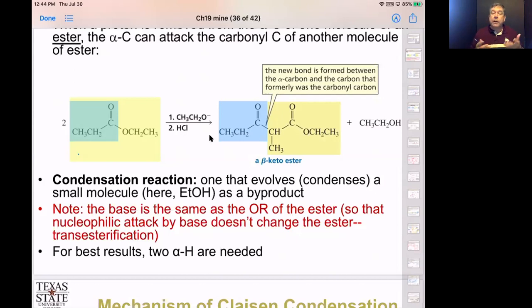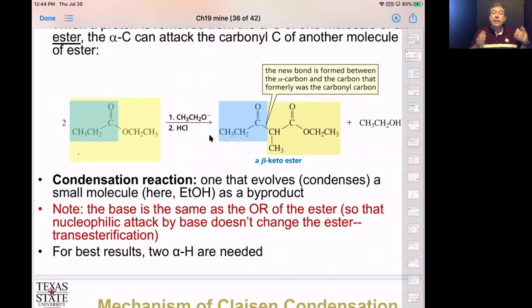We have the opportunity to do cyclizations with them, but the basics are that we have esters for Claisens, aldehydes and ketones for aldols. Okay. The next most important thing is there's a difference between the condensation reaction and the addition reaction. The condensation reaction always removes a byproduct like ethanol, water, or methanol.